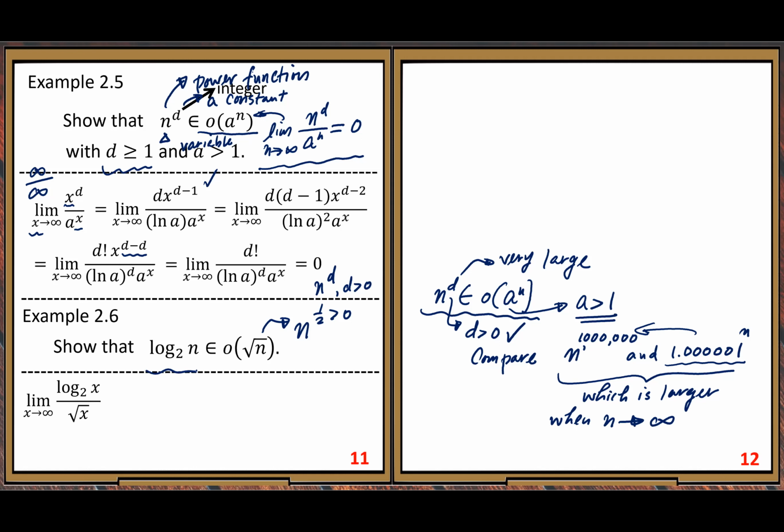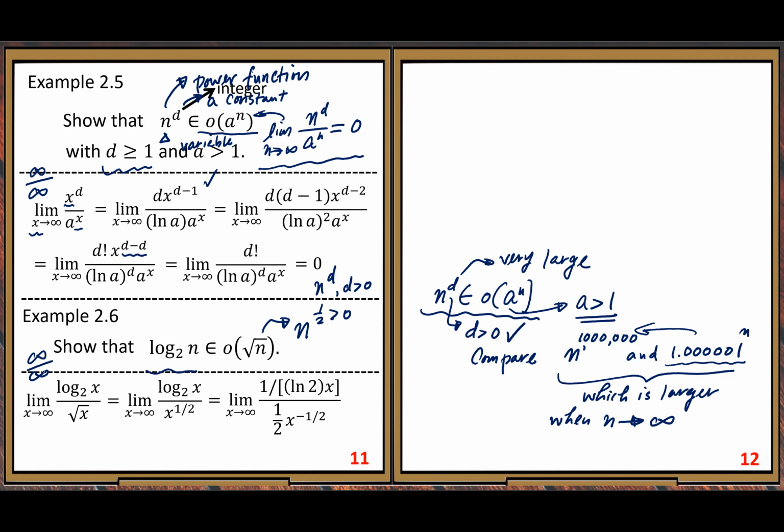We still apply L'Hopital's rule, so we switch to the continuous variable x. And we take derivatives because we know it's an infinity over infinity indeterminate form. So it's legal to apply L'Hopital's rule.